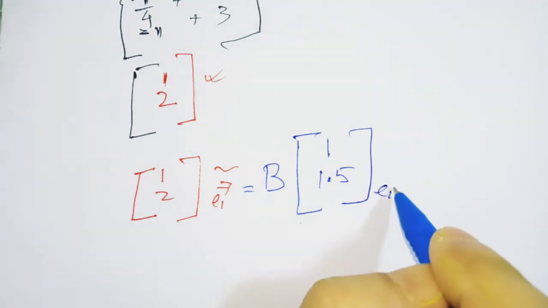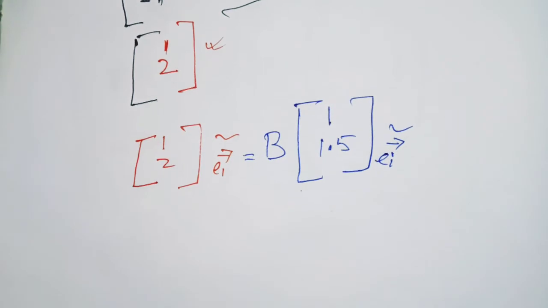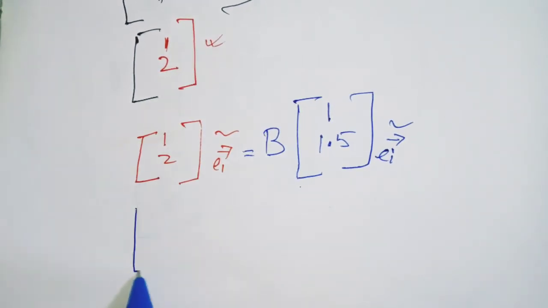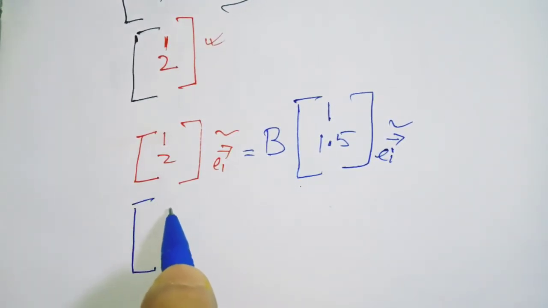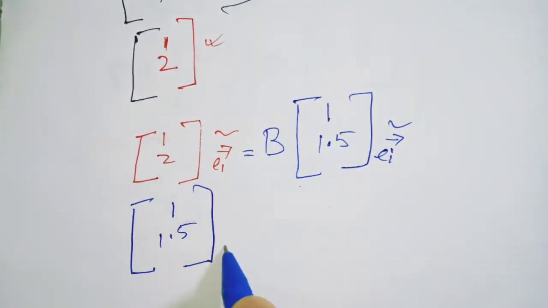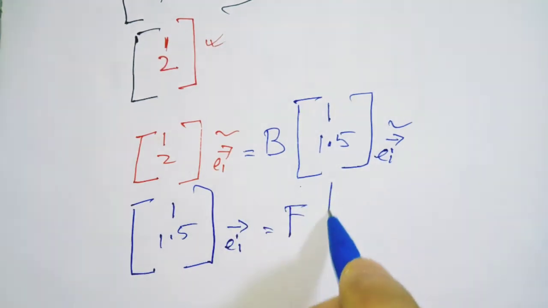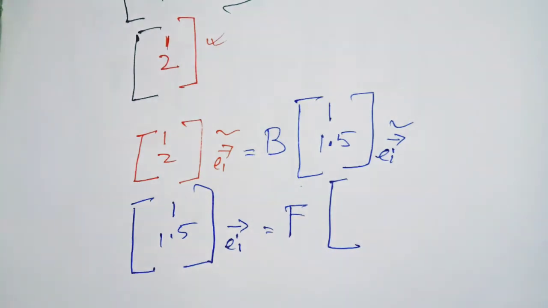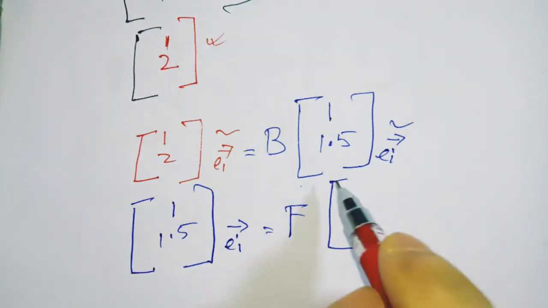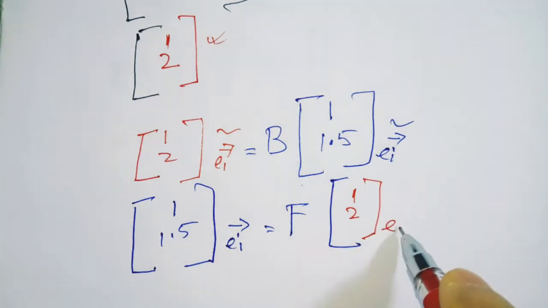And so we put it as EI. And the other way, we can write 1, 1.5, this matrix, which is EI, the old one, is equal to the forward transformation applied with the new one, 1, 2, which I put as EI tilde, right?